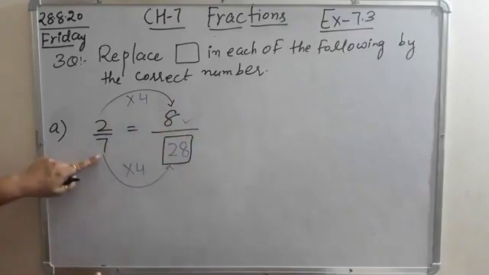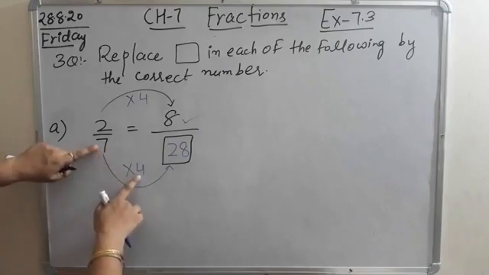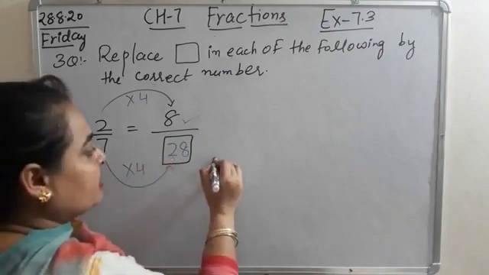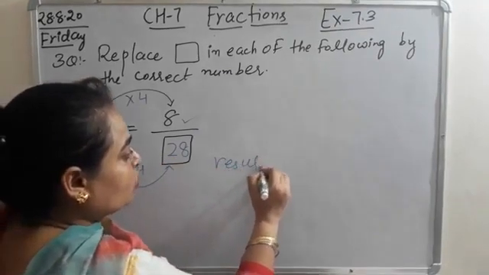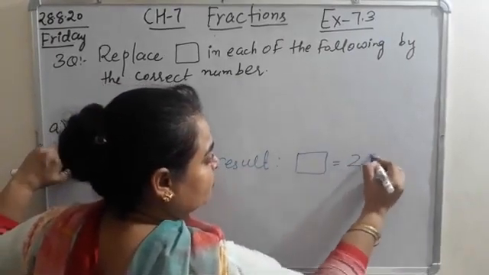In the same way, we will multiply 7 with 4 and get 28 as the result. So in the result, you will write this box is equal to 28.